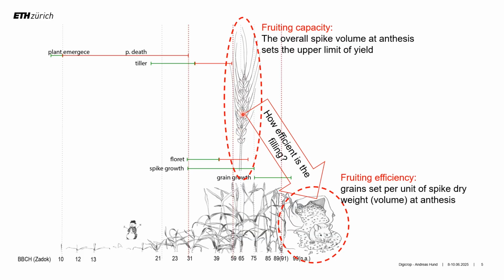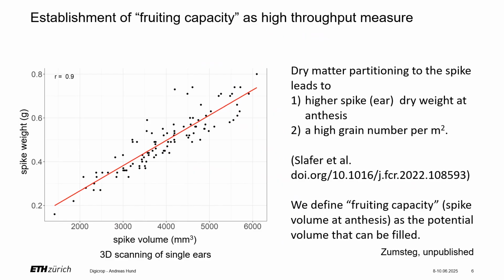But then we do not know how efficient these plants are at setting seeds. So there can be abortion, there can be problems with grain growth. So the fruiting efficiency is the other measure. That means we need to understand yield formation. Actually, we need both fruiting capacity and efficiency.